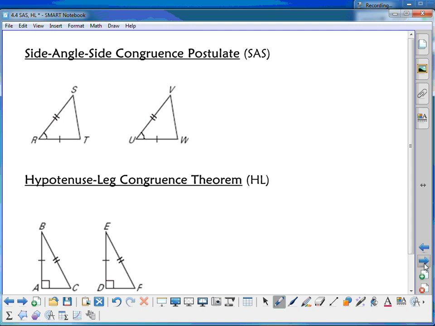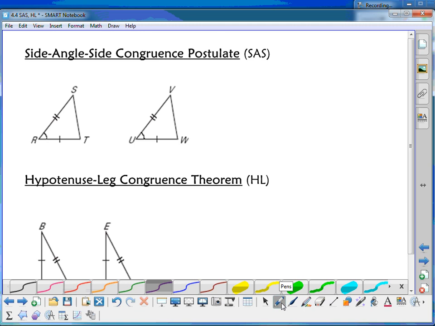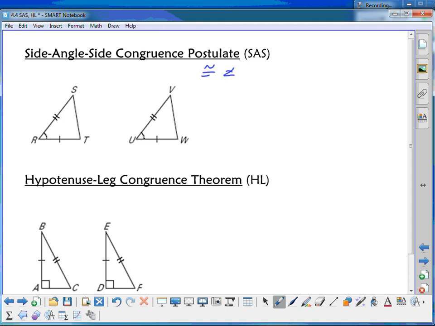Okay, so talking about side angle side congruence. Two triangles are congruent if two sides and the included angle between them are congruent. What's important to remember about side angle side is that the congruent angle has to be between the congruent sides.